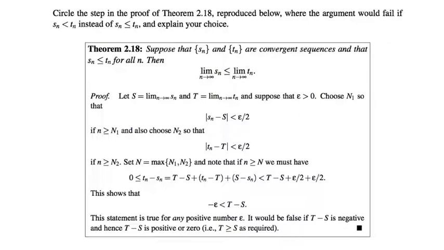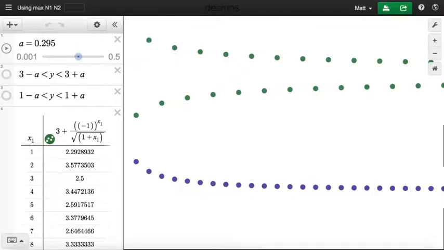Walk back through this proof step by step. So we start with two convergent sequences, Sn and Tn. And capital S is the limit of the SNs, capital T is the limit of the TNs. So let's suppose that the green sequence up here are my TNs, and the purple sequence are my SNs. So here are my TNs, and then down here are my SNs.